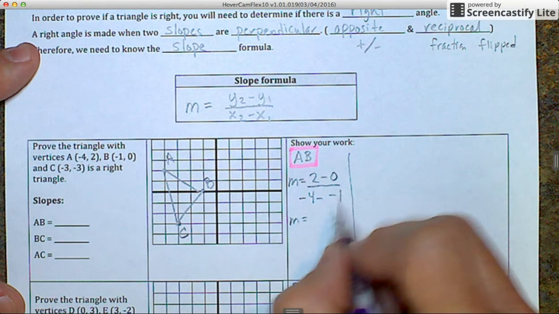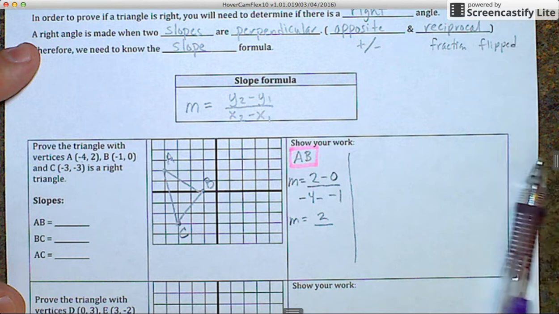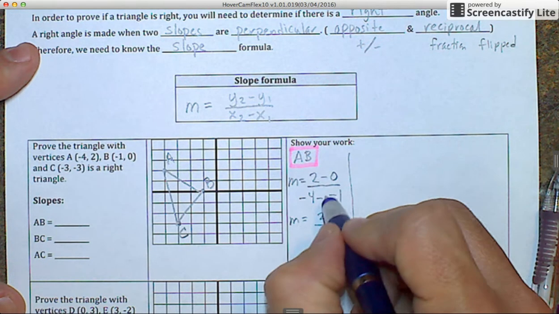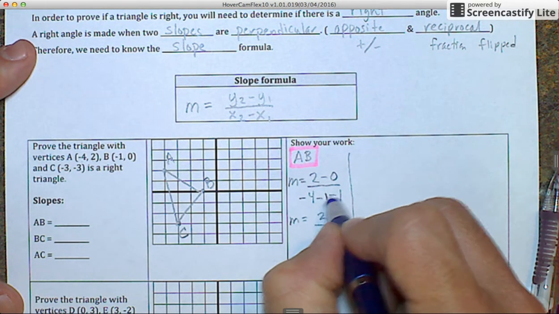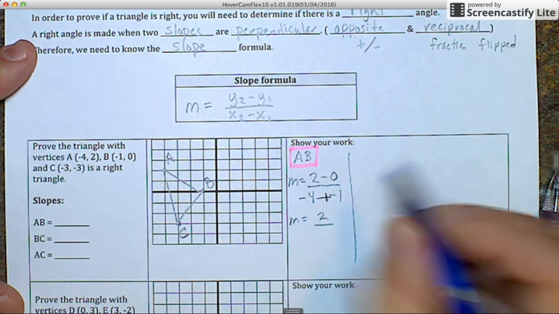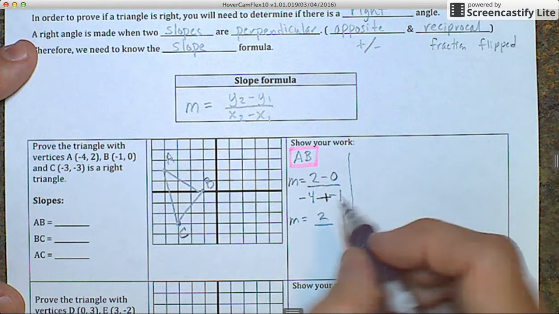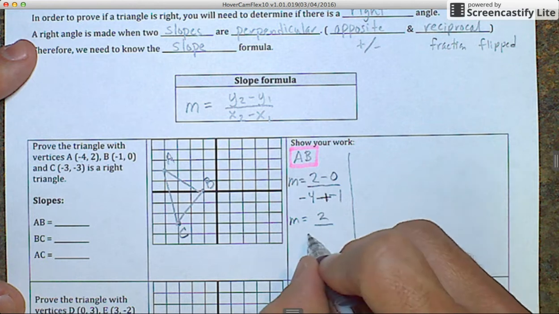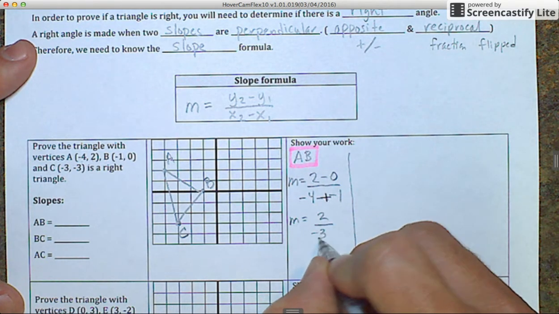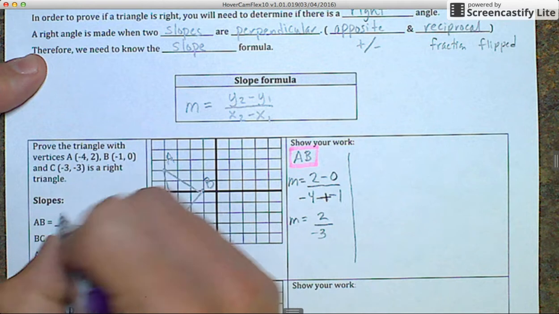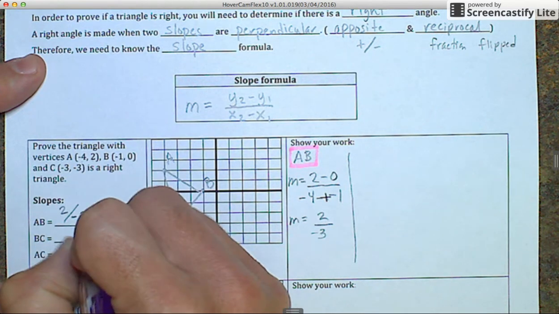M is equal to 2 minus 0, which is 2, over -4 minus a -1. I'm going to pick up my pen here, and I'm going to go 2 negative signs. 2 negatives make a positive. So -4 plus 1 would be -3. So my first slope for AB is 2 over -3.